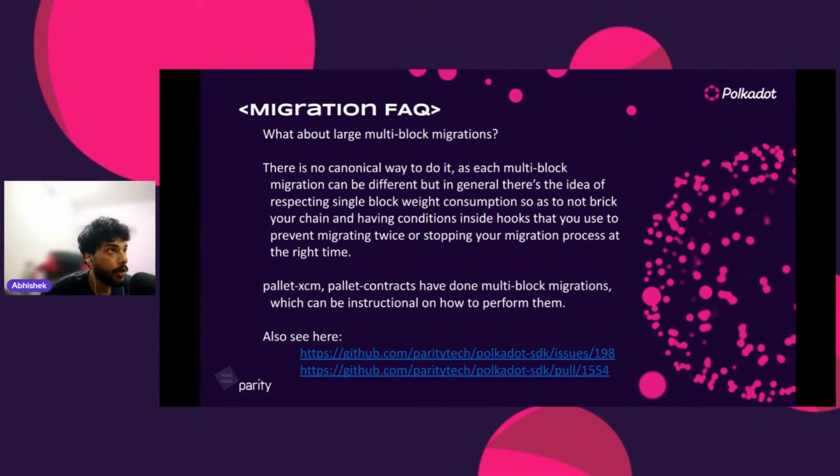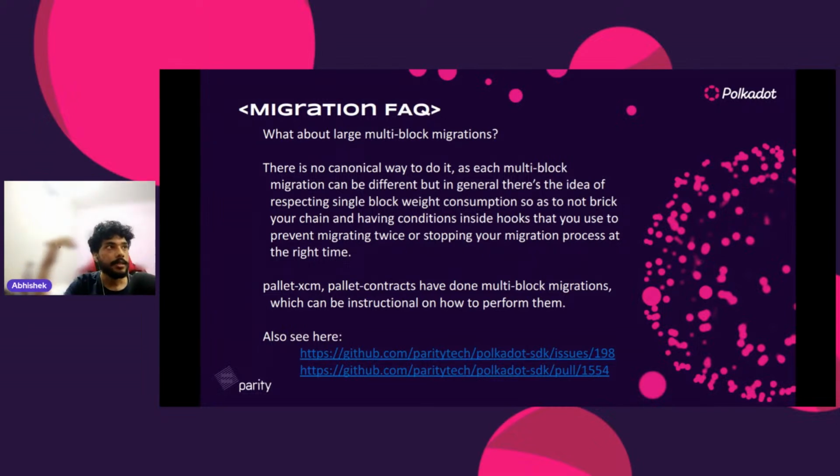Finally, multi-block migrations. What about multi-block migrations? So it typically happens that trivial migrations only require a single block, but most migrations are spanning over multiple blocks. Let's say you are translating a million keys from some old data type to a new data type.